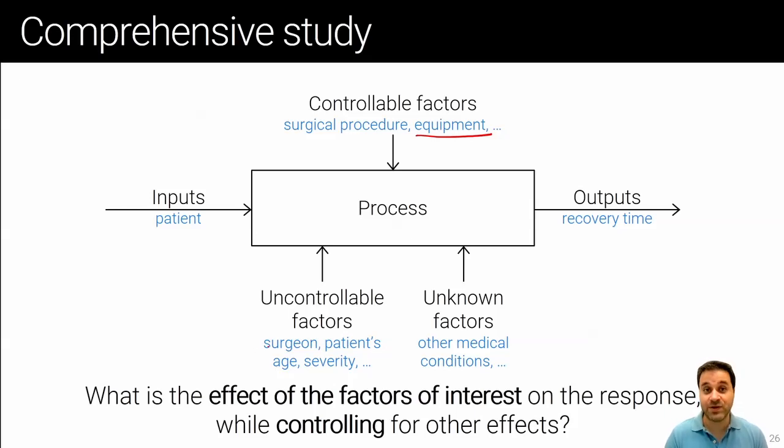Say, maybe the surgeon. We cannot decide who's going to operate. We, of course, cannot decide on the age of the patient or the severity of the sickness they have. And then we have unknown factors, things that we don't know about and that might be related, such as other medical conditions. Maybe they have another condition that is making them recover later or sooner.